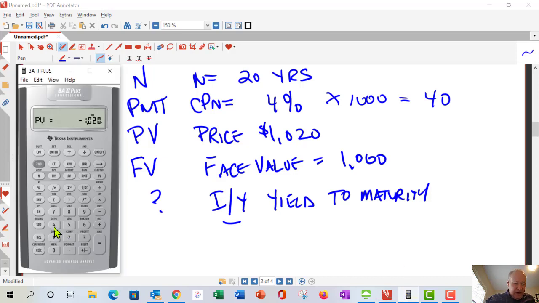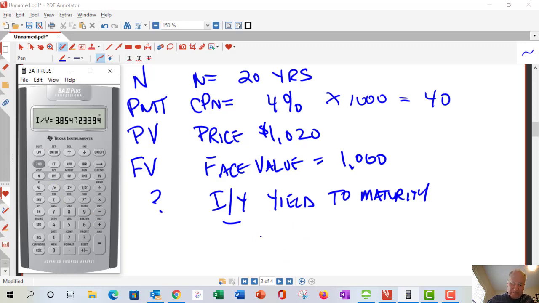All right, so 40 is our payment, so we're going to get a $40 payment every year. So enter that. And we know face value is 1,000. Face value, think future value. And now we're ready to compute our IY. Okay. And we get a yield to maturity of 3.85%.